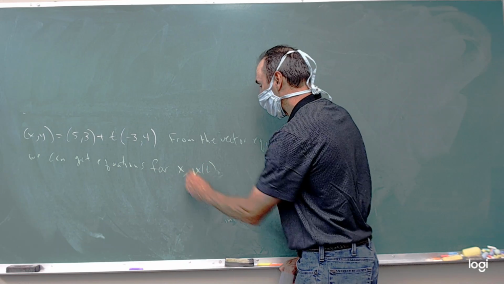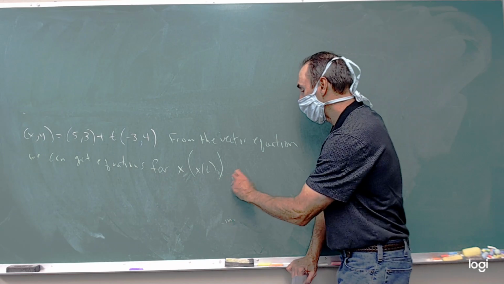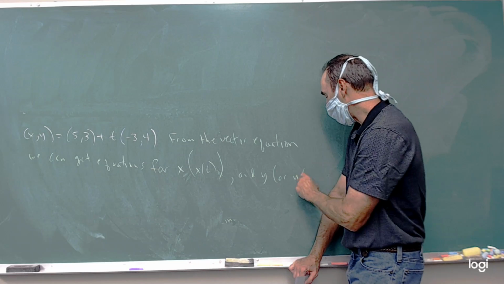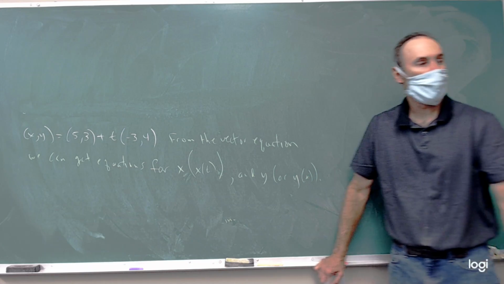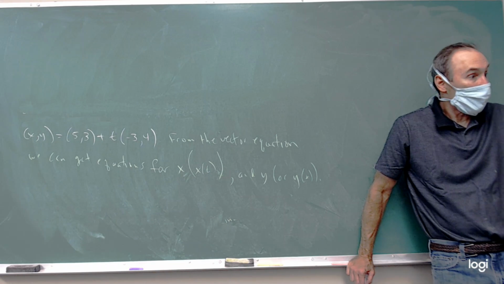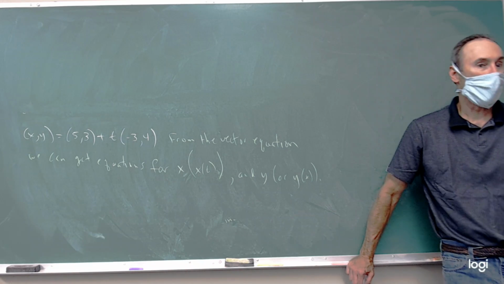I'm going to just put this in big parentheses. So x, which we can refer to as x of t, and y, or we can think of that as y of t. It'll be given both ways. So now we really are thinking about points, and so we can clarify this whole ambiguity thing about, do we mean vector, do we mean point?